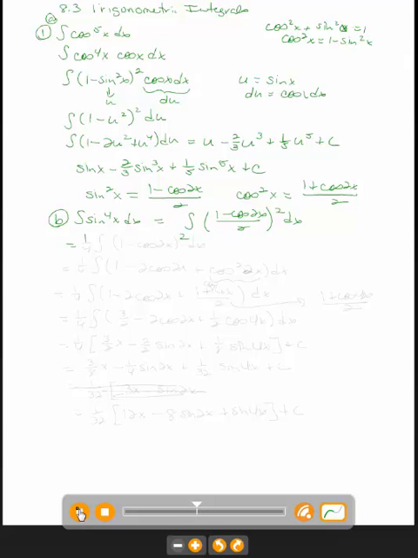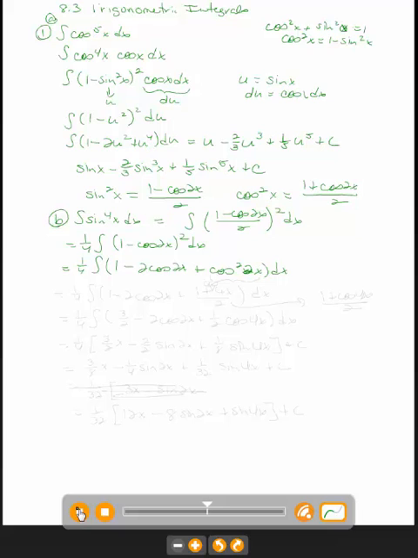That 2 on the bottom is going to be a 1/4 outside. And then we're going to square that piece. So 1/4 the integral of 1 minus 2 cosine of 2x plus the cosine squared of 2x dx.